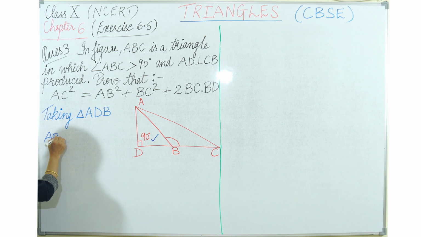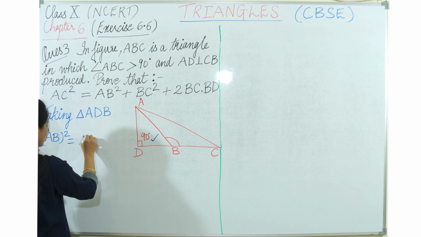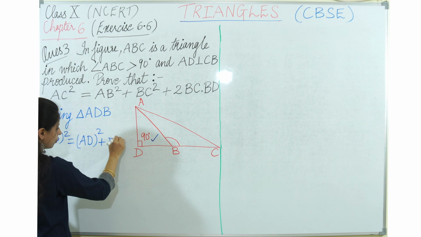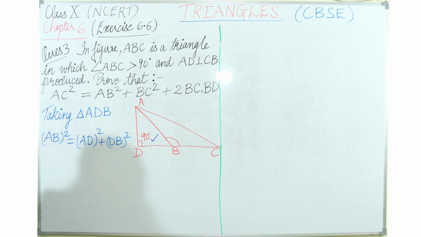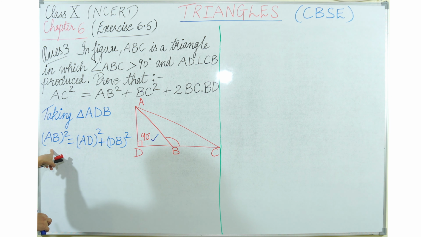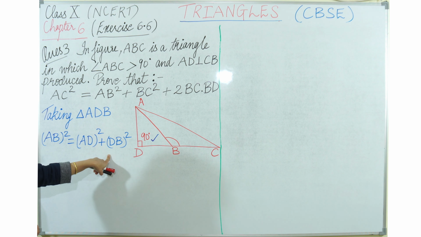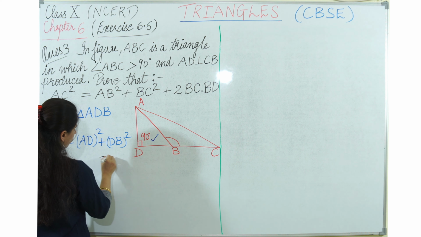So AB square will be equal to AD square plus DB square. In triangle ADB, opposite to 90 degrees is the hypotenuse, which is AB, and AB square is equal to AD square plus DB square. Let us mark it as equation number 1.